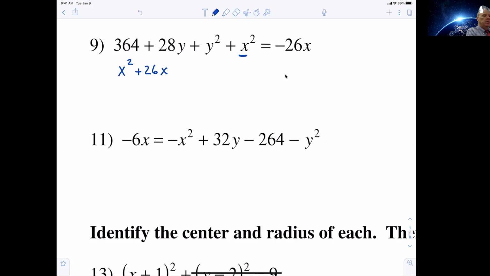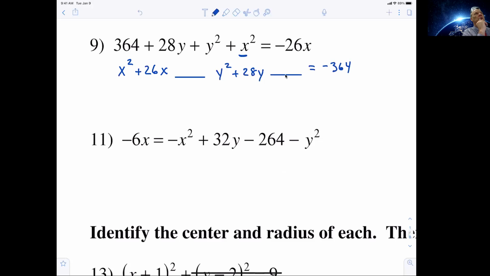Then we leave a space. Now you're going to group the y's together. So this would be y squared plus 28y, leave a space, equals negative 364.